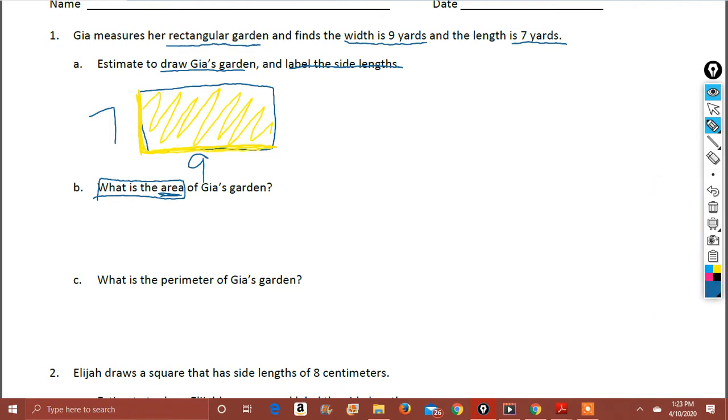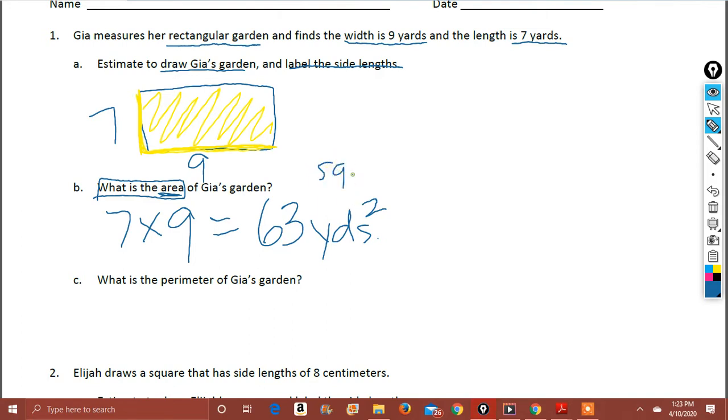The area of Gia's garden would then be 7 times 9, which is 63 yards squared. Because when we work with area, we're talking about square units. So we have to either put that little 2 up there, or you can also write square yards like that. That's fine as well.